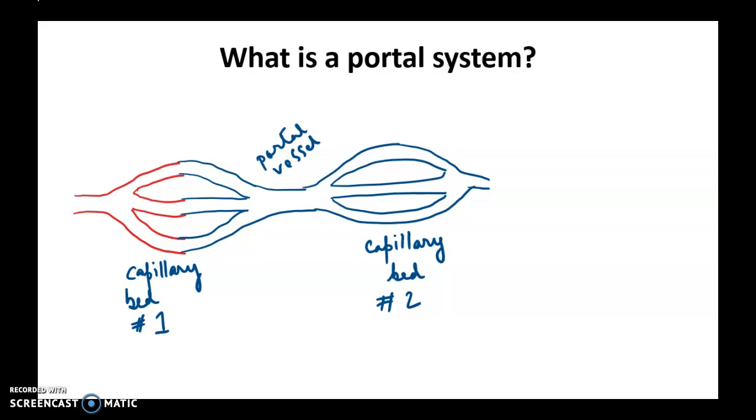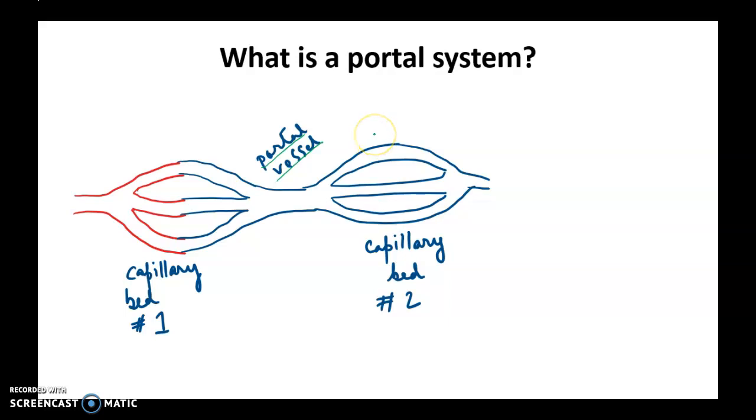So what is a portal system? A portal system is made up of two capillary beds in tandem. Here we have capillary bed number 1, and we also have capillary bed number 2. These two capillary beds are connected by a portal vessel. This is called a portal system. If you are taking physio with me, you should know that there are 3 portal systems in the body.